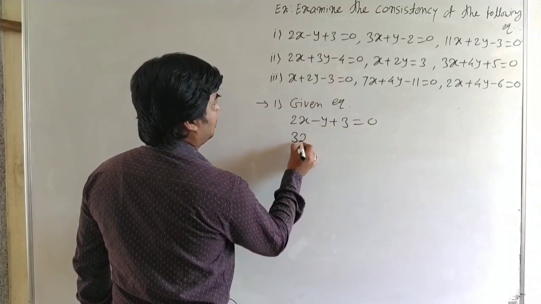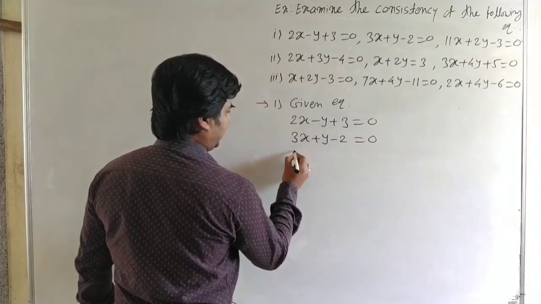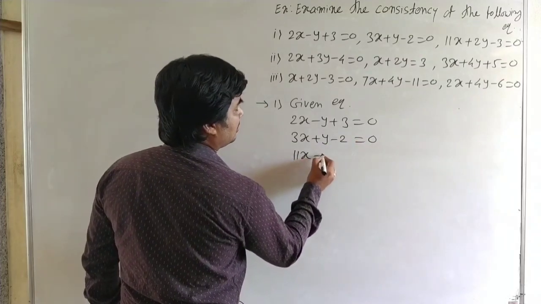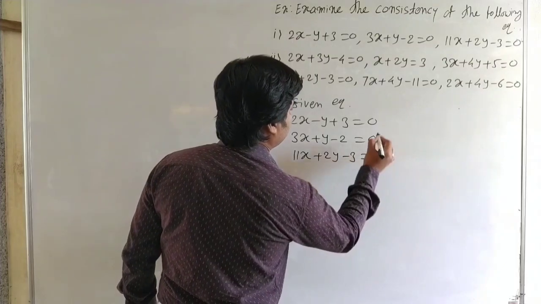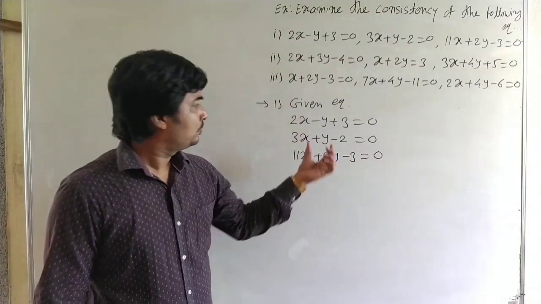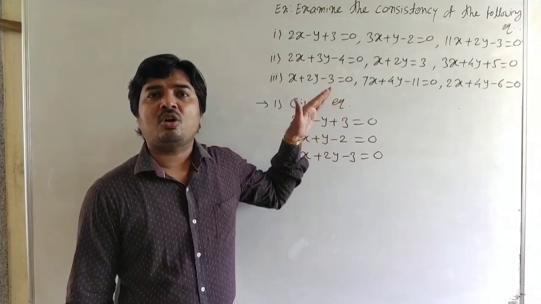Second, 3x plus y minus 2 is equal to 0. And third, 11x plus 2y minus 3 is equal to 0. These are the three equations. We can check whether these three equations are consistent or not.